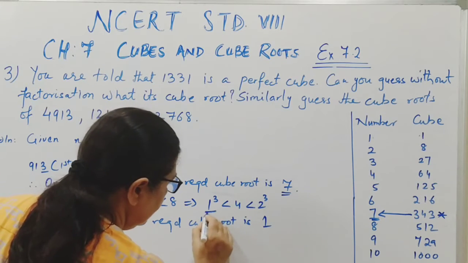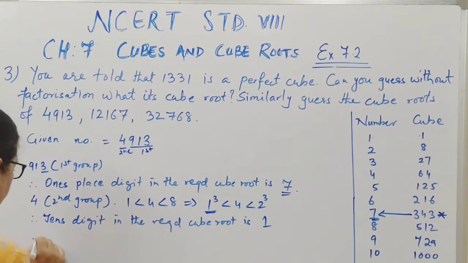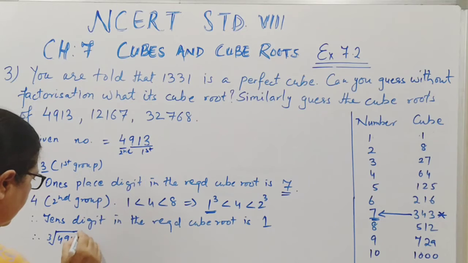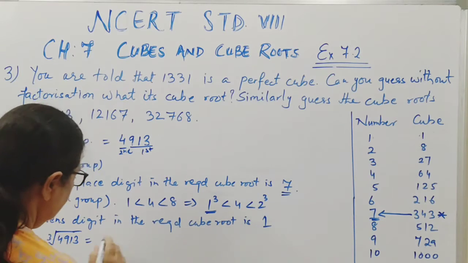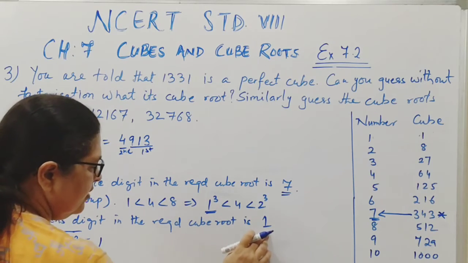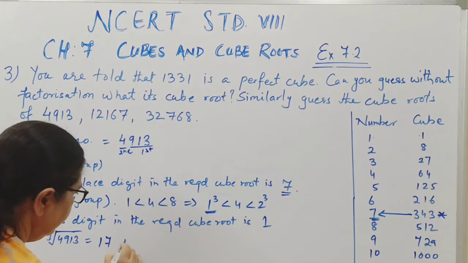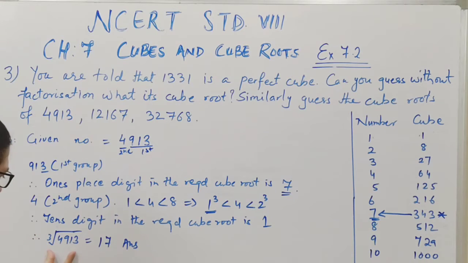We have to take smaller number. Therefore, cube root of 4913 is tens digit 1 and ones digit 7. Cube root of this number, that is 4913, is 17.